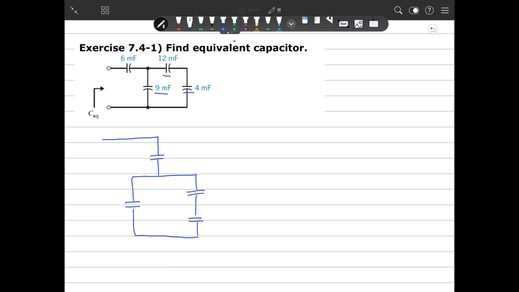It looks like that. So this is CEQ. Then this is 6 millifarad, 9 millifarad, and this is 12 millifarad and 4 millifarad.